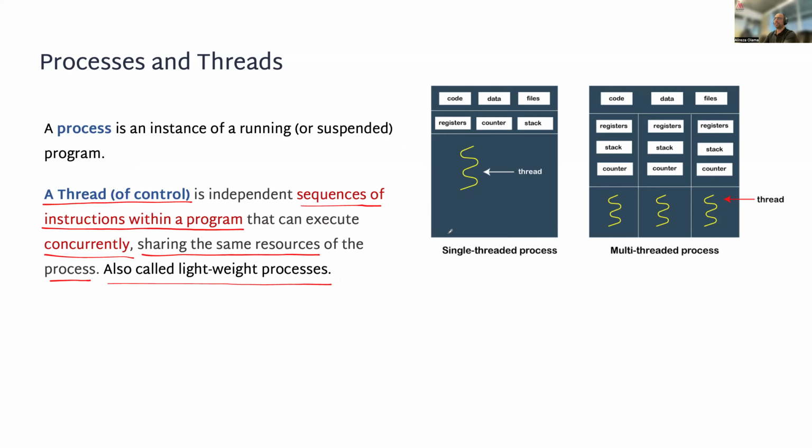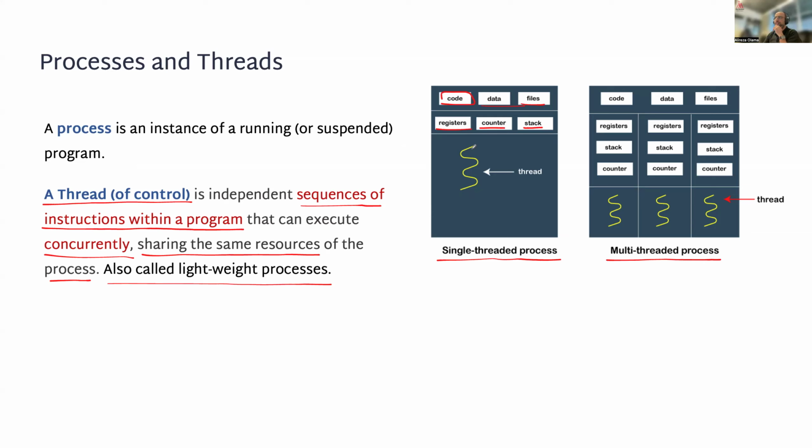If you look at the diagram, on the left we have a single-threaded process, and on the right we have a multi-threaded process. Our single-threaded process has a code segment, a data segment, some file descriptors, a set of registers for managing the program execution, a program counter, and stack memory, which we talked about before.